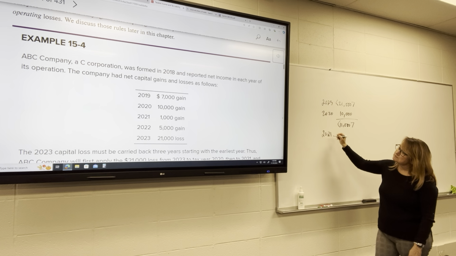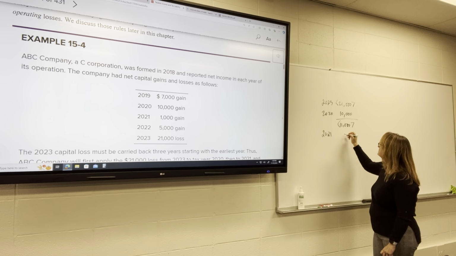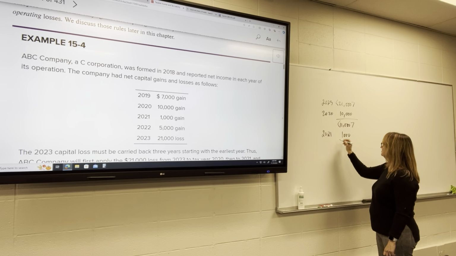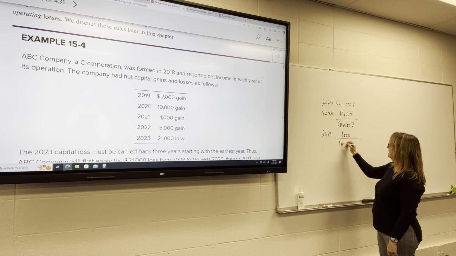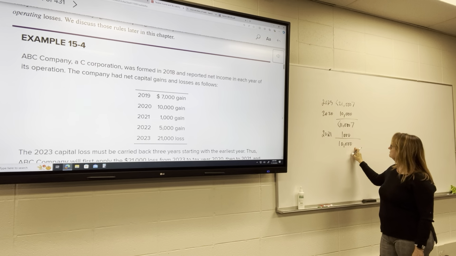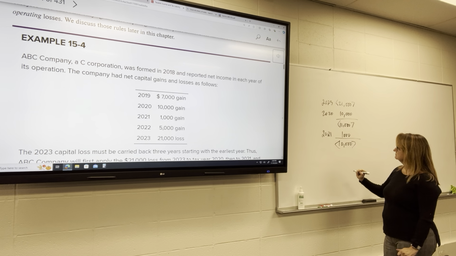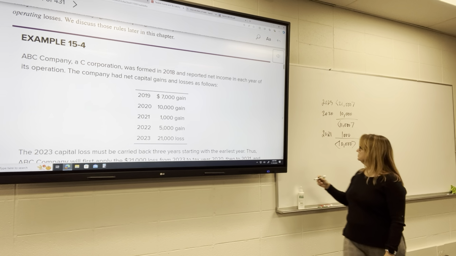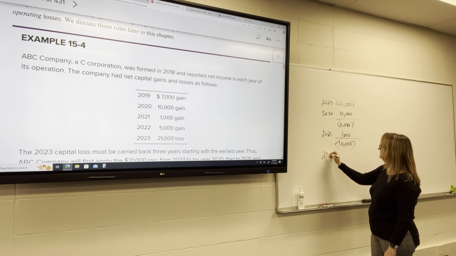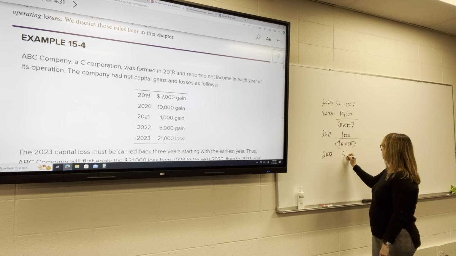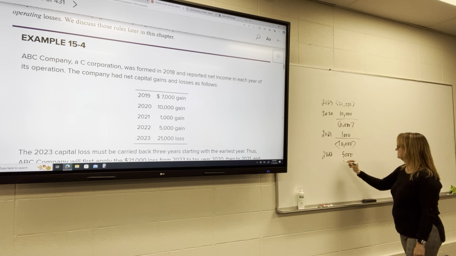In 2021, we had another gain of $1,000. We're going to amend that tax return. Now we're left with $10,000 of loss. In 2022, we had a $5,000 gain. We're going to go and amend that return.